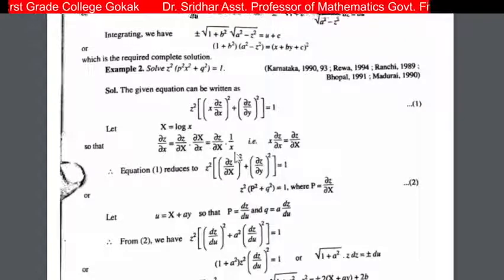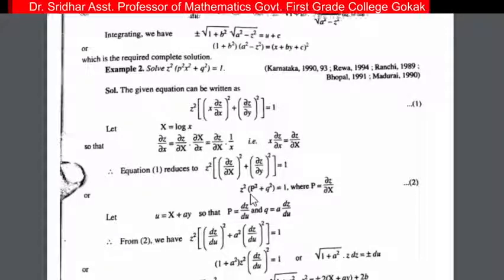Now here we make the substitution capital X equal to log x, so that dou z by dou x is dou z by dou capital X into dou capital X by dou x, and after replacing all this, we get x into dou z by dou x equal to dou z by dou capital X. Substituting all these quantities in this equation, we get z square into p square plus q square equal to 1.